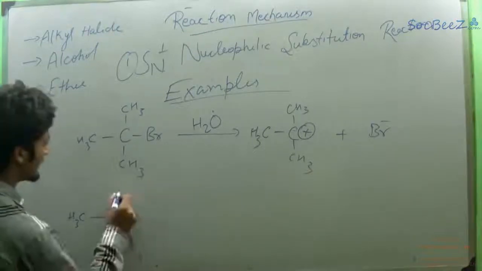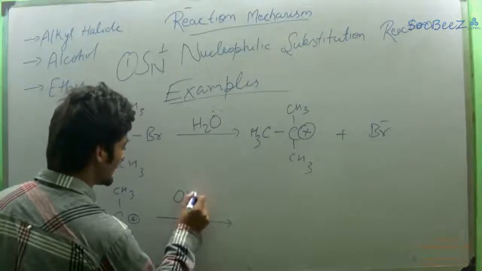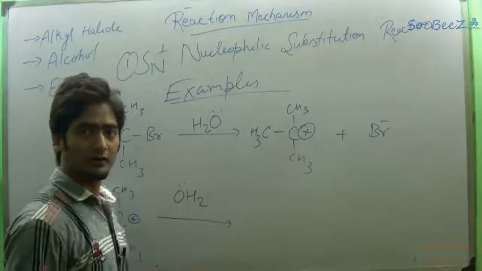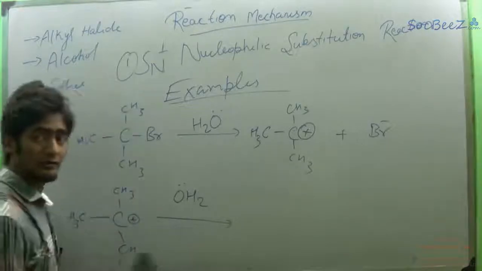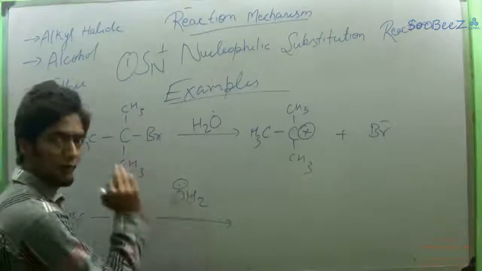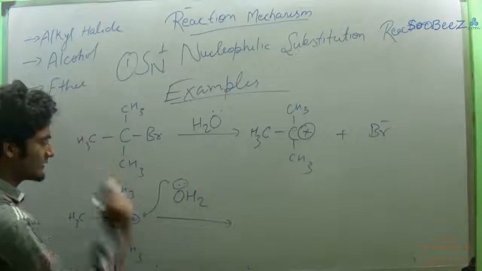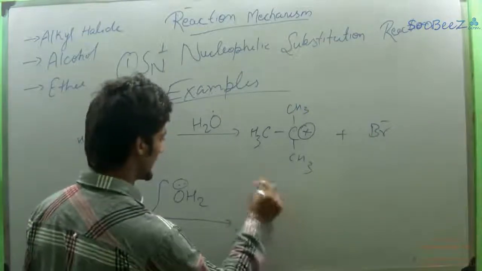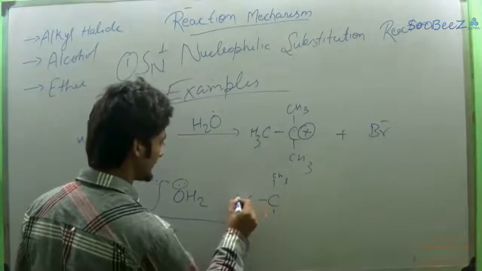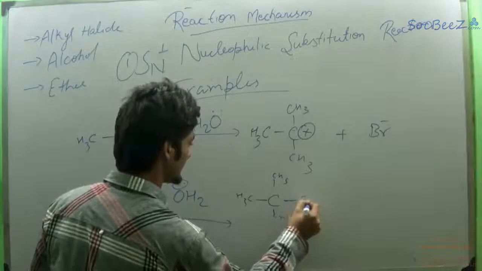The first one is to use water itself as a nucleophile, because in an SN1 reaction the strength of nucleophile doesn't matter. So this neutral water molecule can also act as a nucleophile, will attack here and form an alcohol, CH3, CH3, CH3, C, and this will be OH.